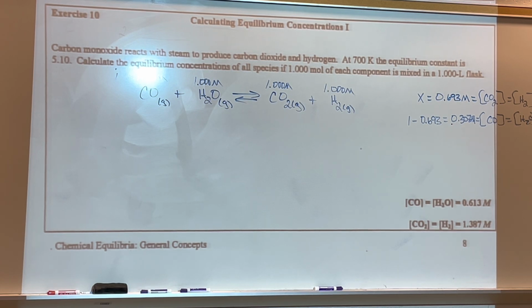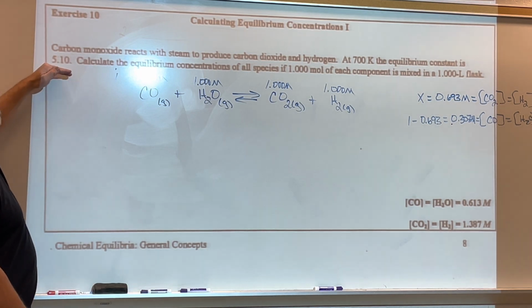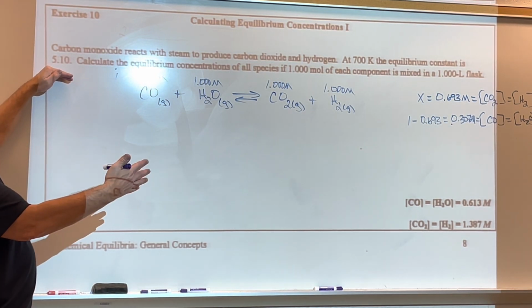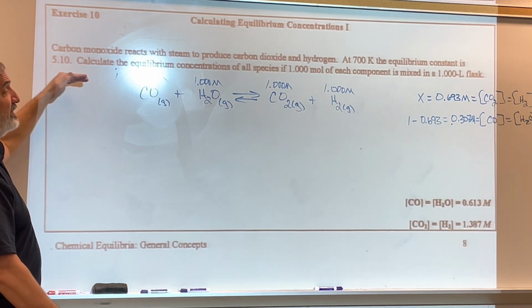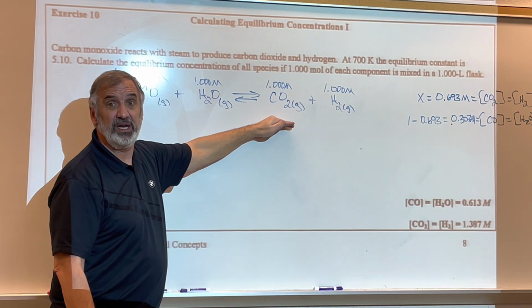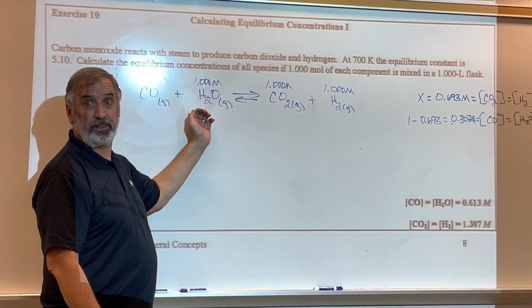Since 1 is less than 5, in order to get to equilibrium, we have to have a bigger value, which means I need more products and I need less reactants.